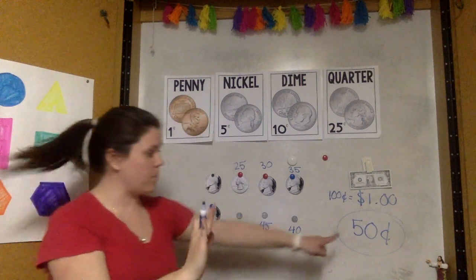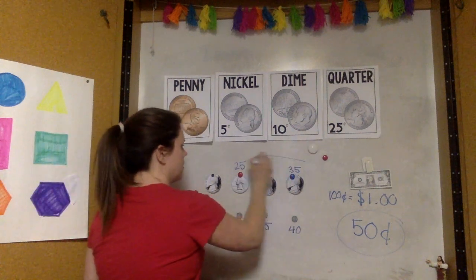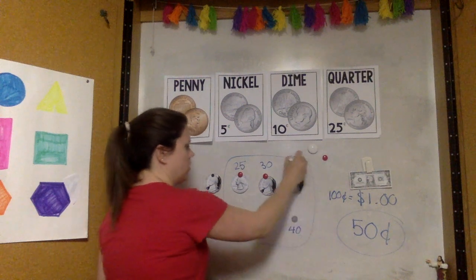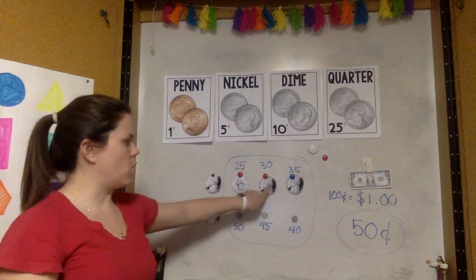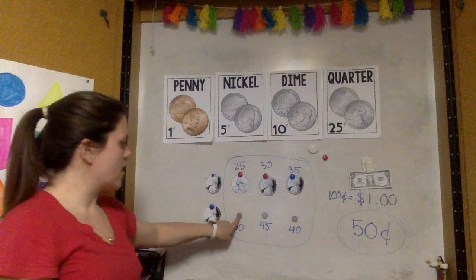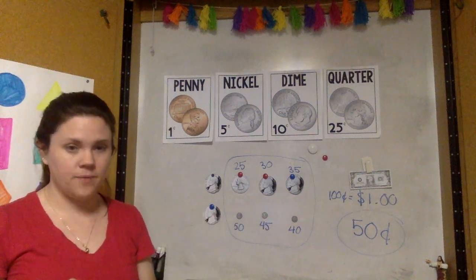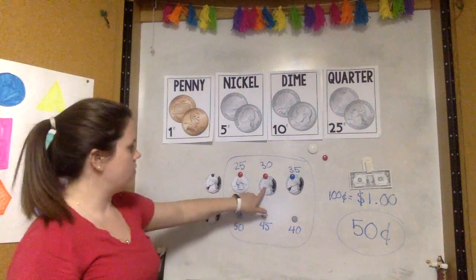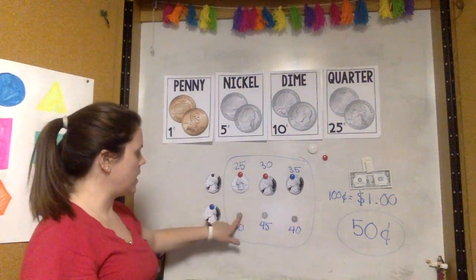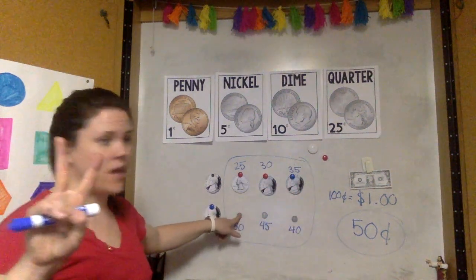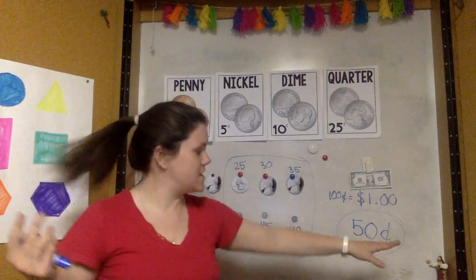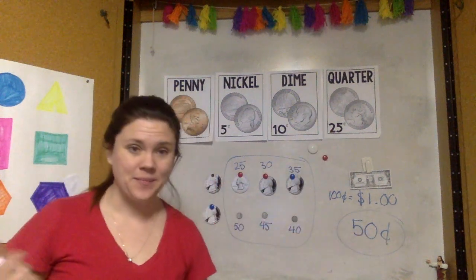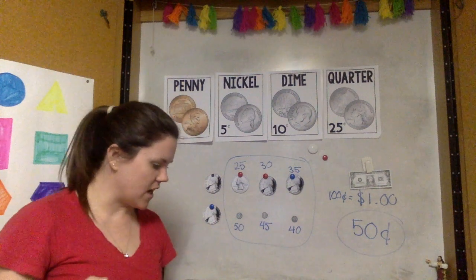Oh, I can stop because that's how much I needed. So you can circle the quarter and 1, 2, 3, 4, 5 nickels, which makes sense because 5 nickels equals 25. 5, 10, 15, 20, 25. And I know that 2 quarters is 50 cents. Okay?